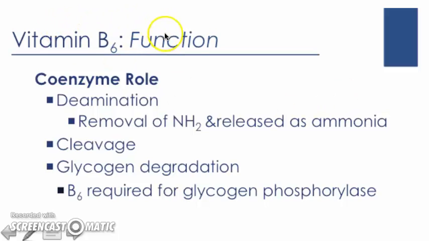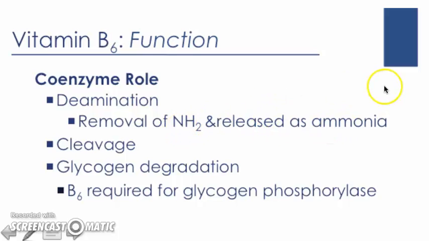Also, we see that vitamin B6 in the form of PLP plays a role in deamination reactions. So we've seen this previously, for example, in the section on proteins, some of the examples of deamination reactions. Also, again, transamination reactions, we saw PLP present as a cofactor. So we know that a deamination reaction is removal of this nitrogen group.